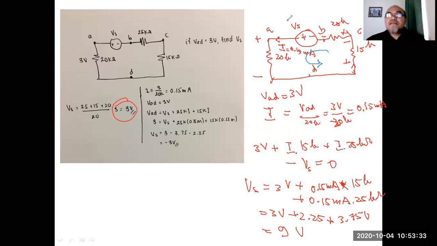So let us repeat again what the passive sign convention is. I did the drawing here, and we go to the next slide. What is the passive sign convention? Whenever you have a component, a general component, it could be a resistor, it could also be a voltage source, whatever.